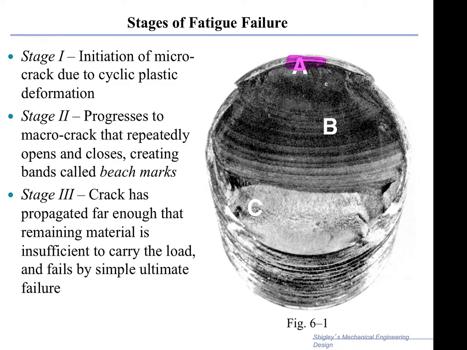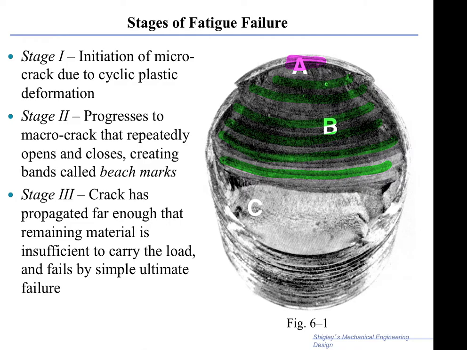Once the crack is initiated, then it can propagate fast in stage 2, and in stage 2 it opens and closes. So as it opens and closes, you get what are called beach marks, and those are because of the openings and closings of the crack.